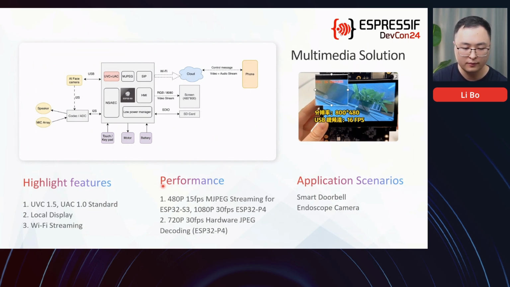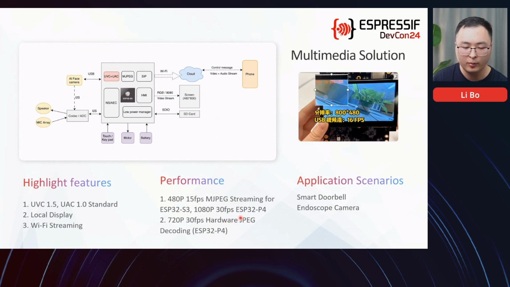And for the performance, currently for the S3, we can achieve 15 frames per second for 400 resolution, and we can have 1000 resolution at 30 frames for the ESP32-P4.